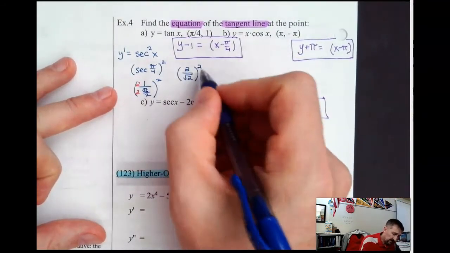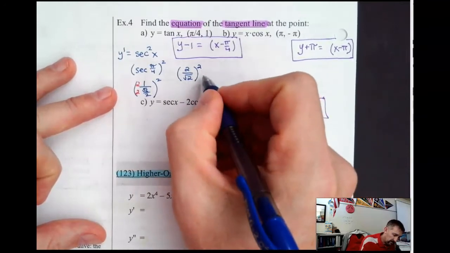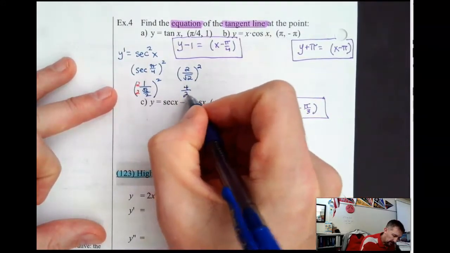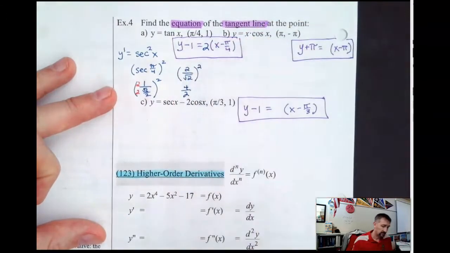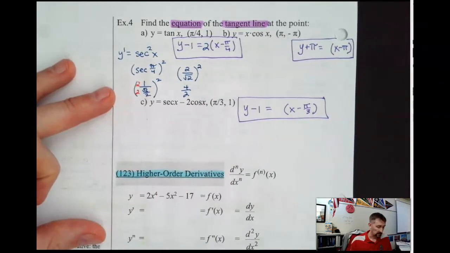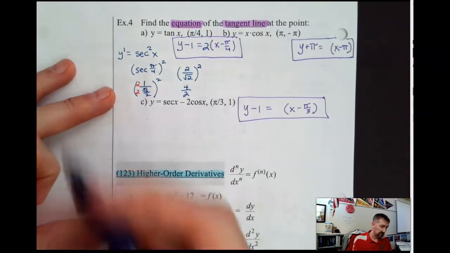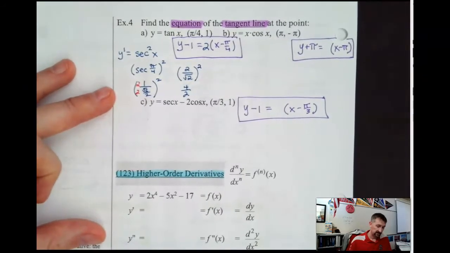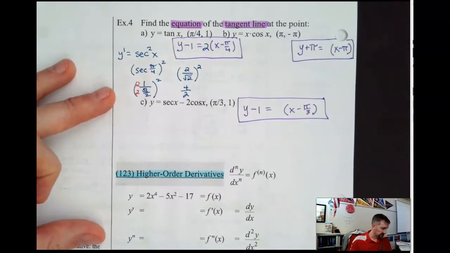So if we square that, that's going to be 4 over 2, which is 2. Okay? That's it for that. We could draw a triangle if we needed to. If you need help with that, let me know sometime. Come in and we'll go over some other options.